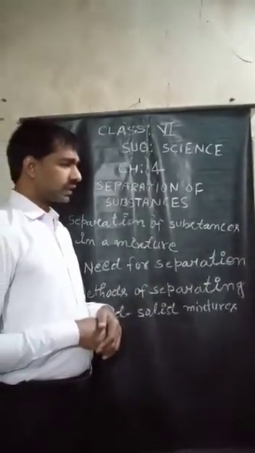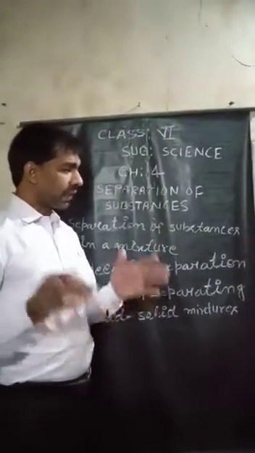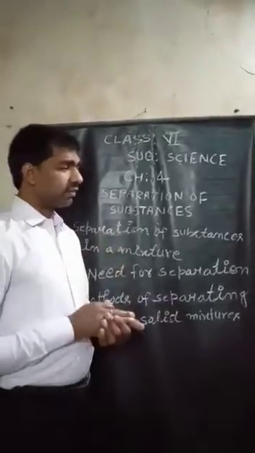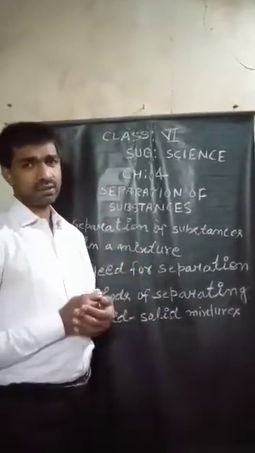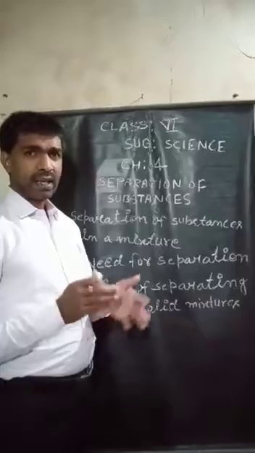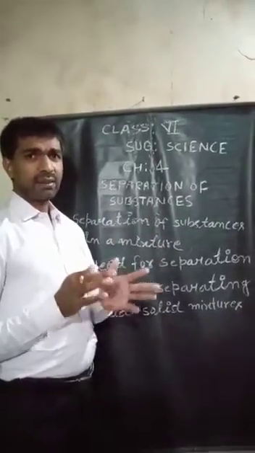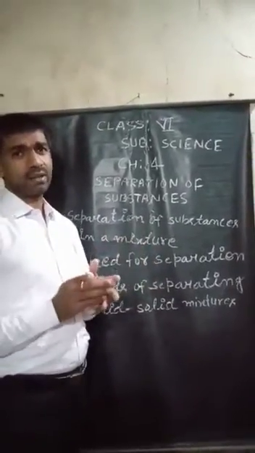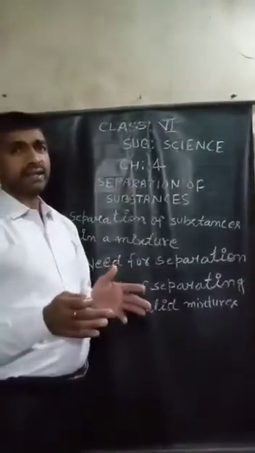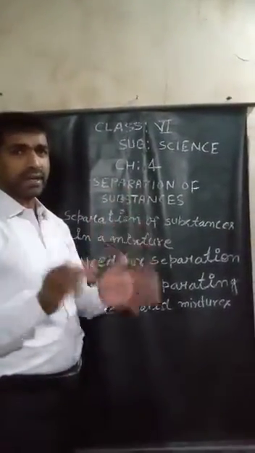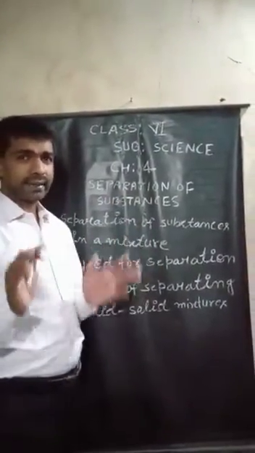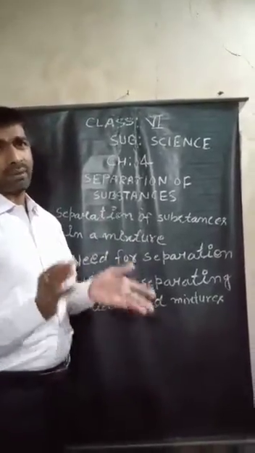So what happens after this? Let us see. Therefore, a magnet can be used to remove iron filings from the mixture of iron and sulfur. Iron filings can be removed with the help of a magnet because iron has the property of magnetism and it will be attracted by the magnet, and sulfur isn't attracted by the magnet.